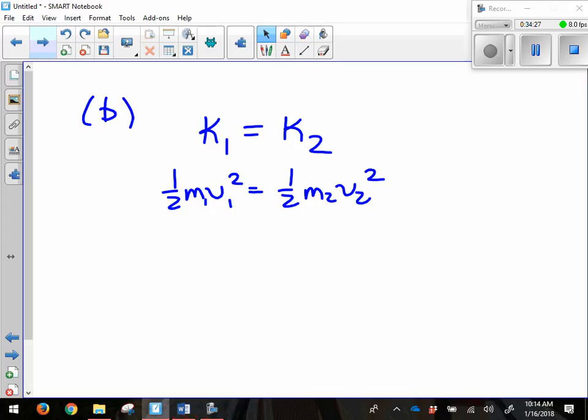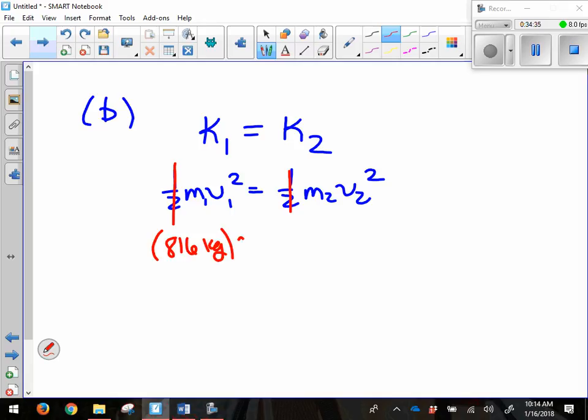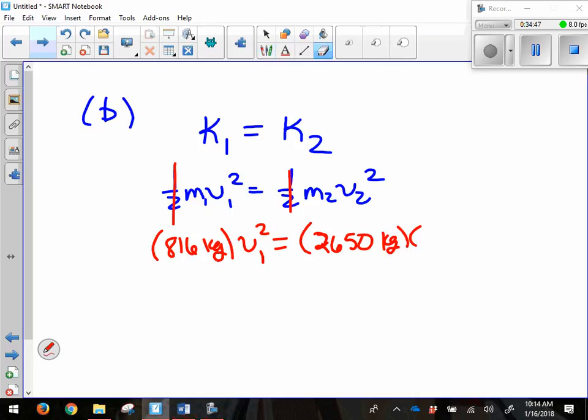Okay, so of course I can cancel my half. The mass of my Beetle is 816. I'm going to solve for V1 squared. The mass of our Cadillac is 2650 kilograms. And the speed was what, 16 kilometers per hour? Squared. So what do we get for the speed of the Beetle?